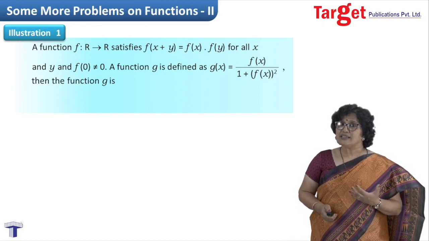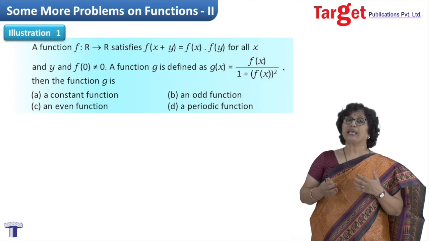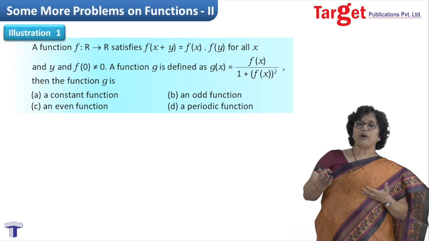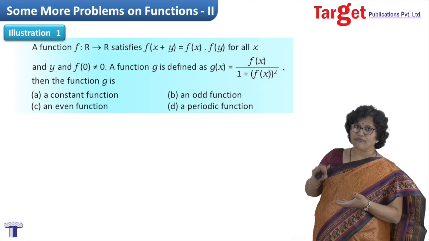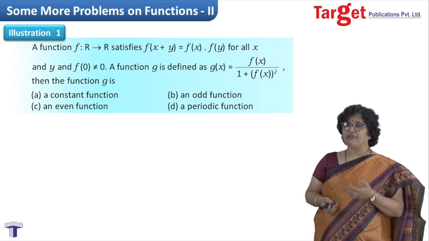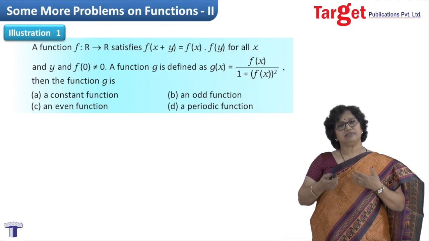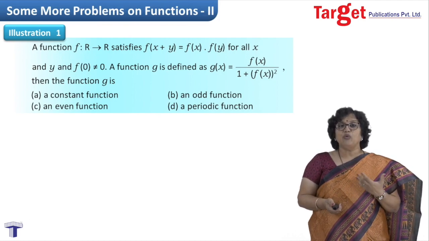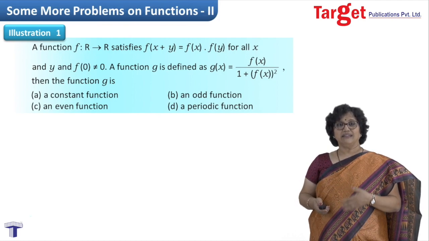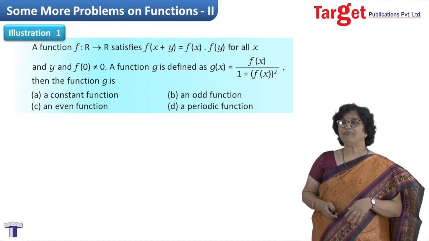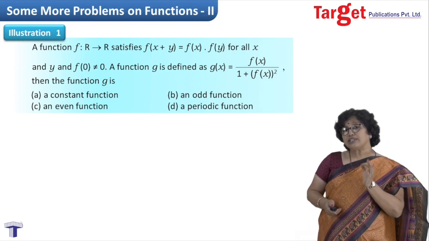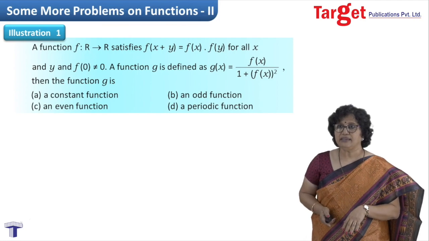And the question is regarding g, what kind of function g is. Is it periodic? Is it an even function? Is it an odd function? Or a constant function? Now you must be thinking that when function f itself is not known to me, then how do I proceed to get g(x) or g? But the functional equation comes to our help.